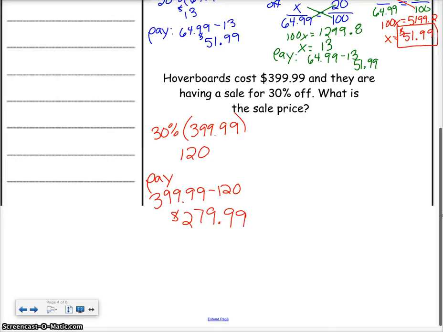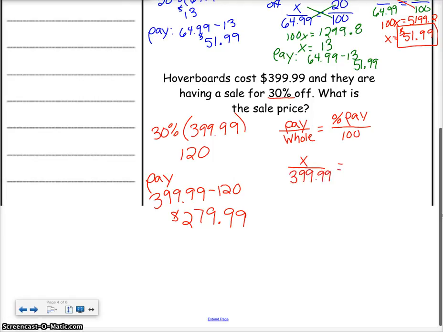Method 2, proportions. I'm going to say what I pay is to my total, my whole, as the percent I pay is to my whole percent of 100. So I don't know what I'm going to pay. My whole price was $399.99.